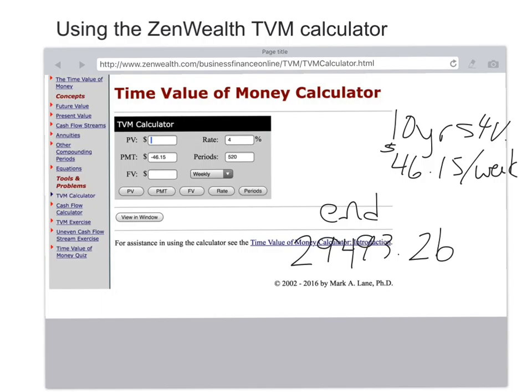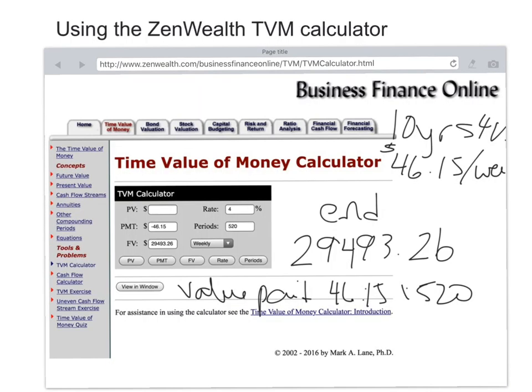So this is the value that I've invested. The value paid is 46.15 multiplied by 520. So let's just calculate that. It turns out when you do calculate that, that's only a total of $23,998. But you'll see that I'm actually worth significantly more than that, right?